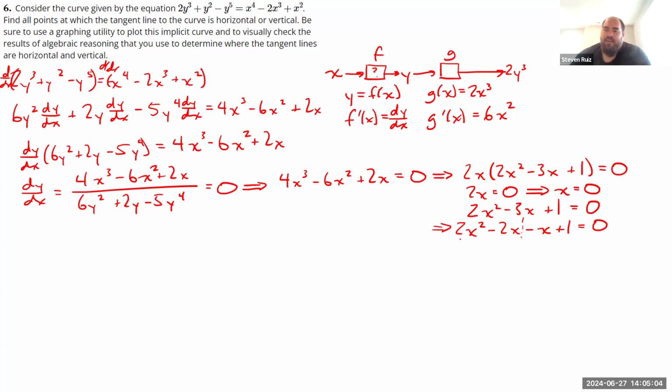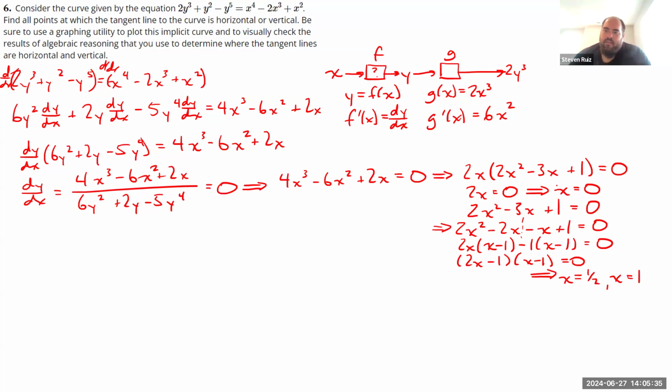I can factor out a 2x from these again, so I get 2x times x minus 1. And if I factor out a negative 1 from minus x plus 1, I get x minus 1. Both of these have an x minus 1 factor. So finally, I can factor into 2x minus 1 times x minus 1 equals 0. And what do I get from that? x equals a half and x equals 1.